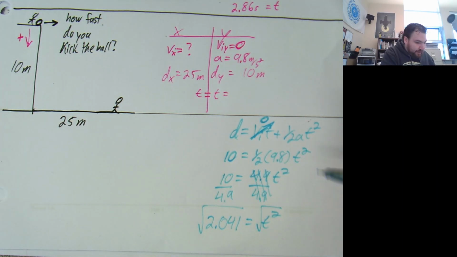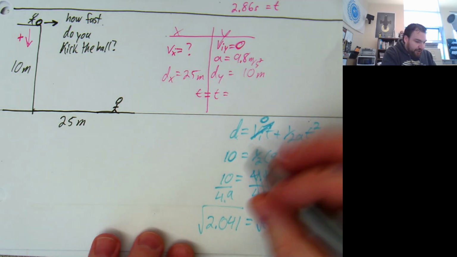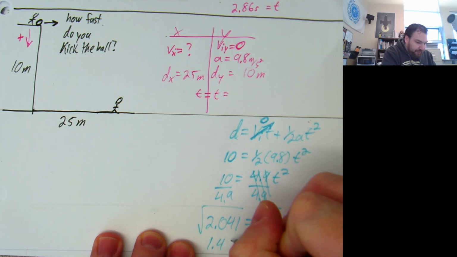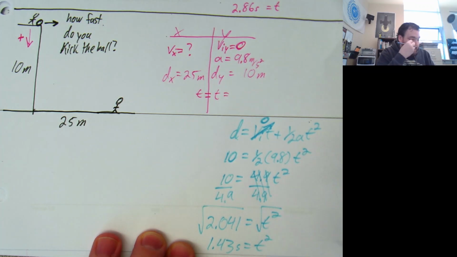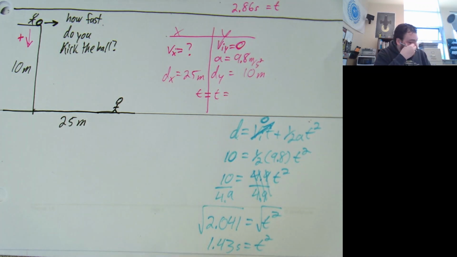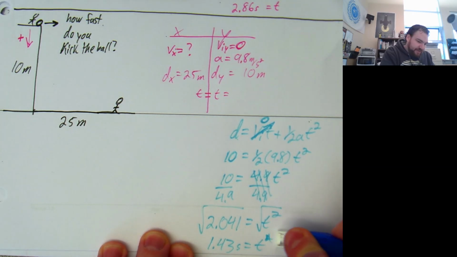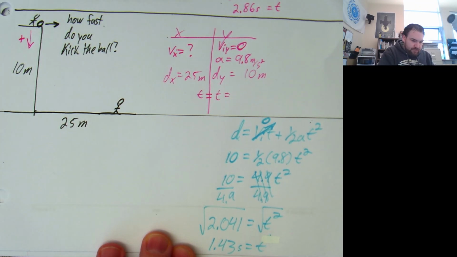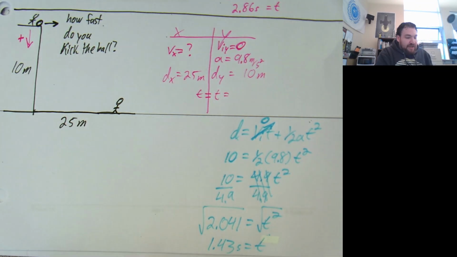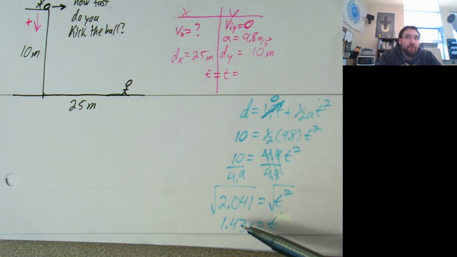We'll take the square root of that number, and we're going to get 1.43, which is what I'm going to round that to. That's just t, not t squared. I square rooted it, and the squared is gone. So this is the amount of time it takes for the ball to reach the ground.